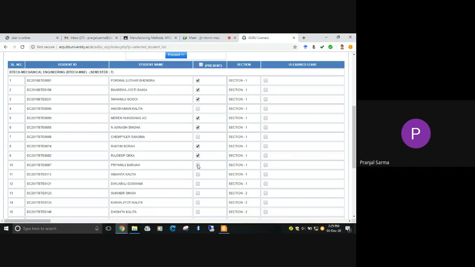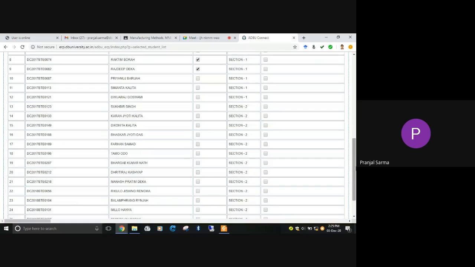Bhaskar, present sir. Tamu, present sir. Bhargav, present sir.